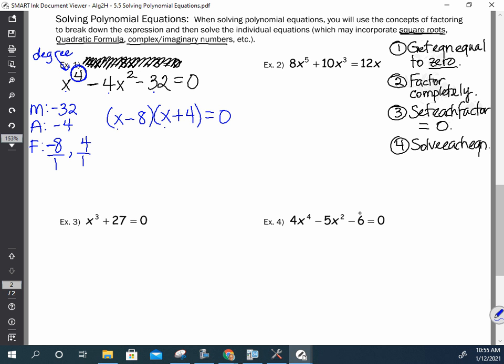x times x is x squared. You need x to the 4th. So make those x squared times x squared. Now it's factored.